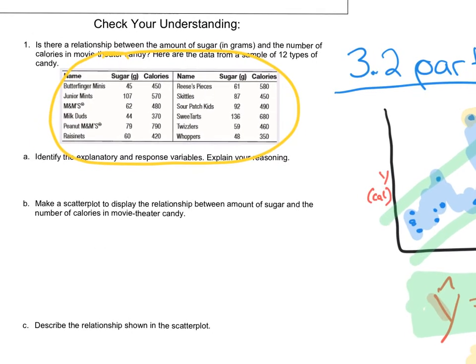So maybe there's something else, right? So there's other factors in there. In fact, we're saying over 60% of that spread is explained by other factors. So sugar is not a complete explanation for calories, right?